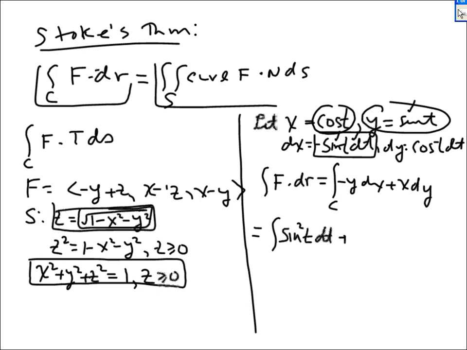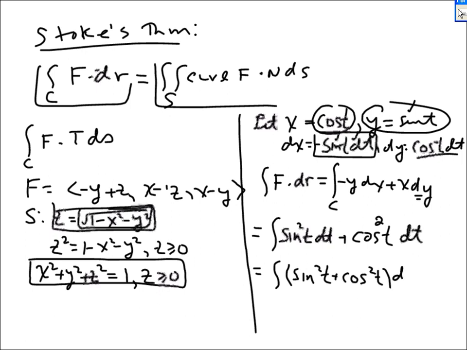Well, x is cosine t times dy, which is another cosine t dt. But here we can factor out the dt, and we get this times dt. But this here is good old 1. And the integral of 1 dt is just t.